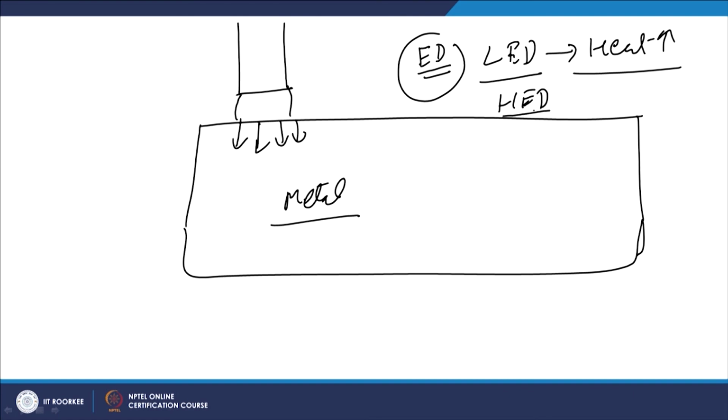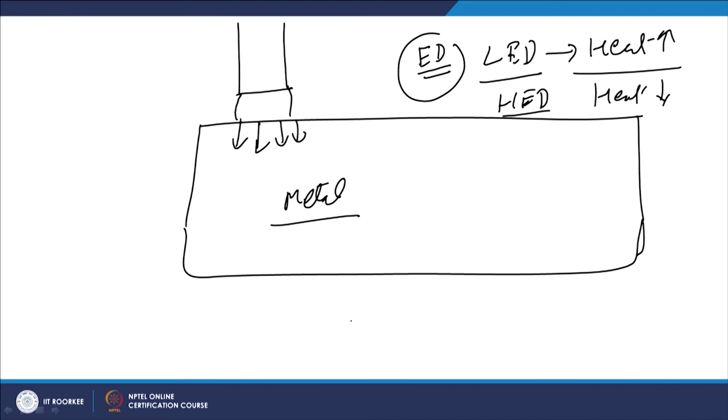In a high energy density process, a lot of heat is applied in very less time, so that the fusion is facilitated, and less heat is sufficient for ensuring the fusion of the substrate, so that the weld surfacing can be realized.